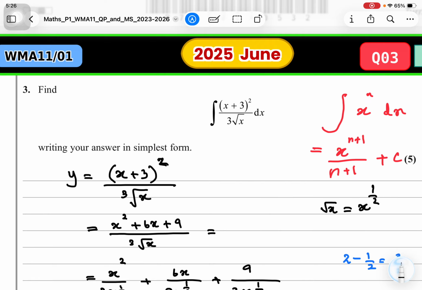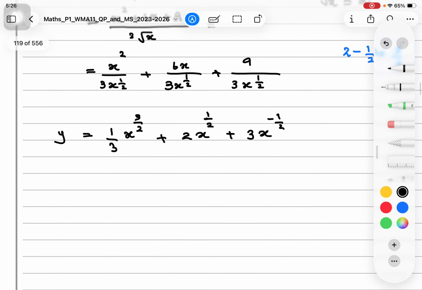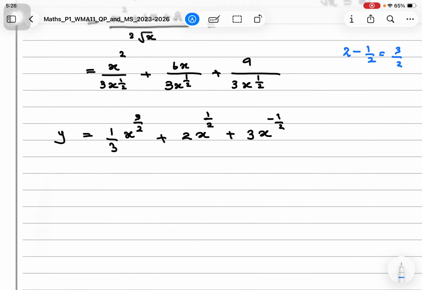So in this integration, you're going to integrate 1 over 3 x to the 3 over 2 plus 2x to the 1 over 2 plus 3x to the negative 1 over 2 dx.